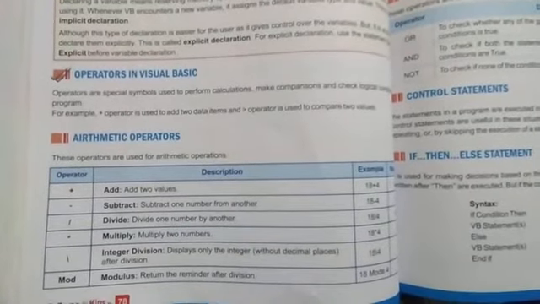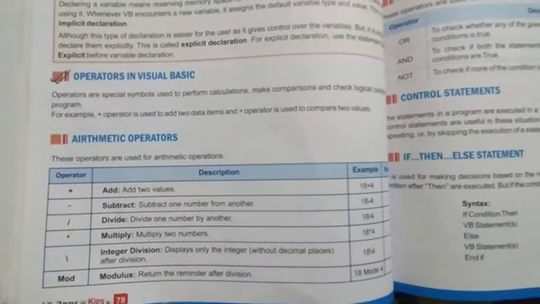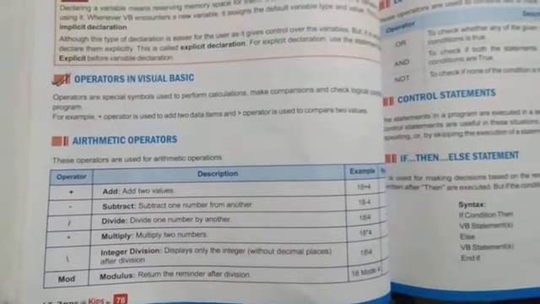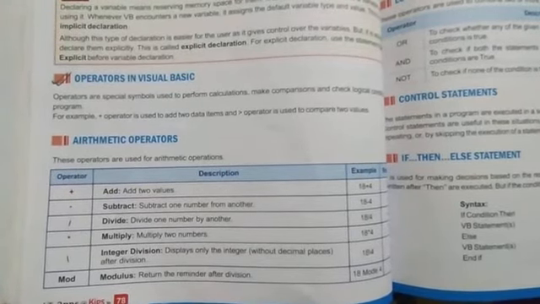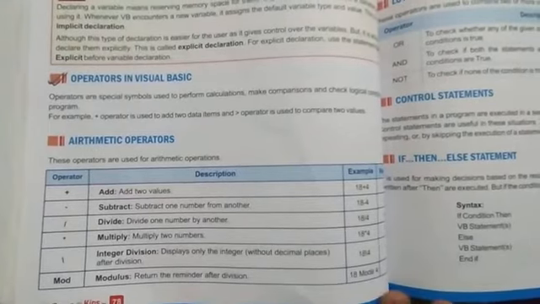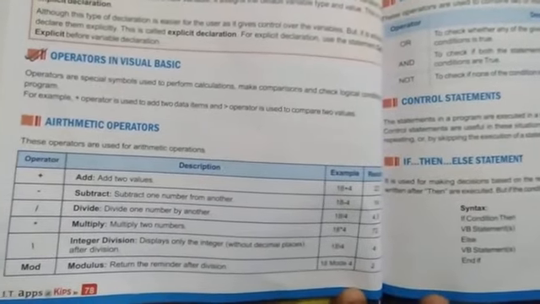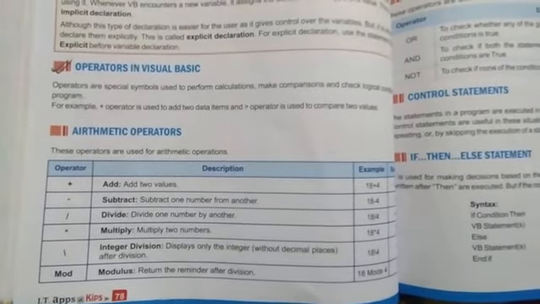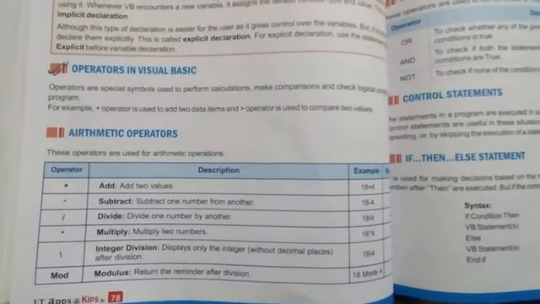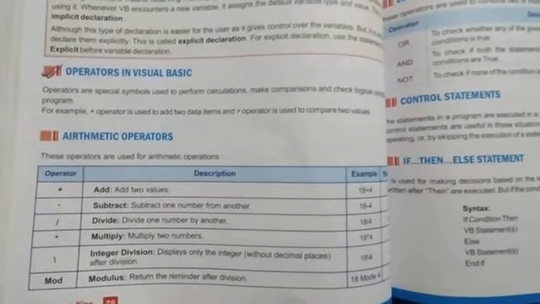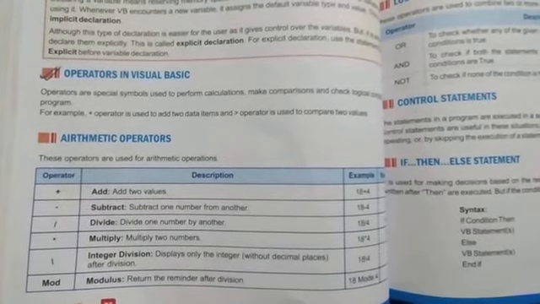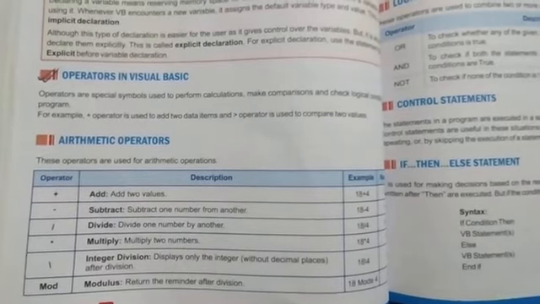Plus is used to add two values, and subtract will subtract one number from another. You can see its example also. This is very simple, what we generally use in our mathematical expressions. And this is the divide operator, the multiply operator, which will multiply two numbers, and integer division.